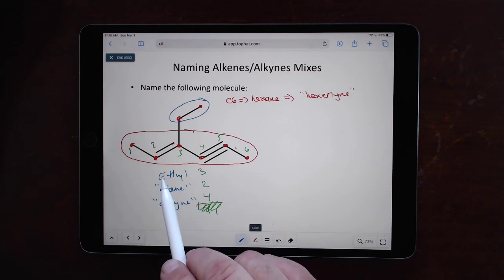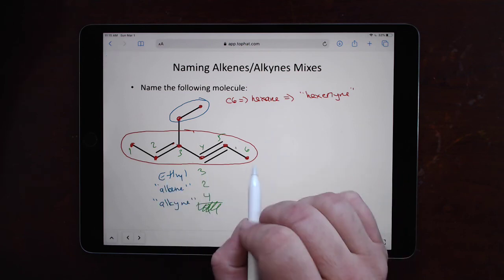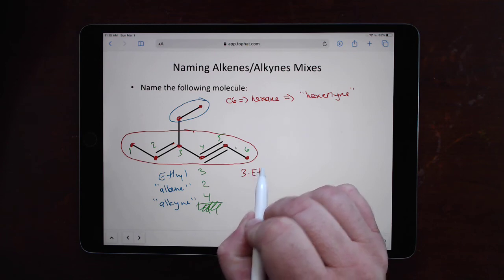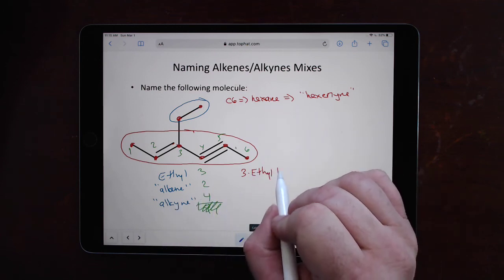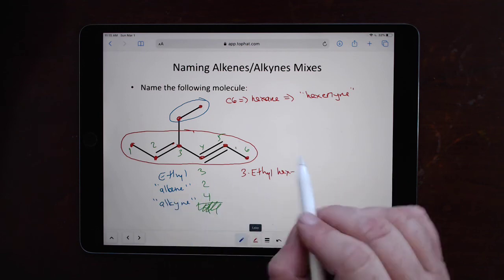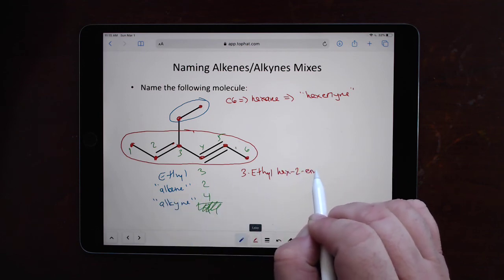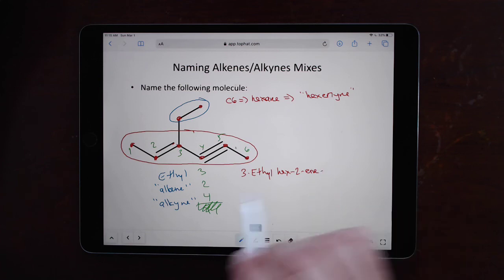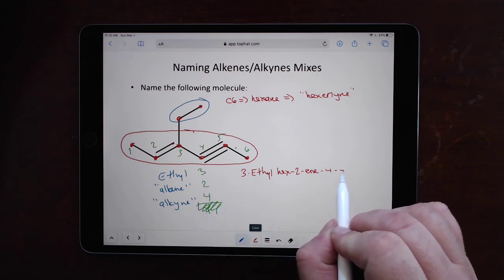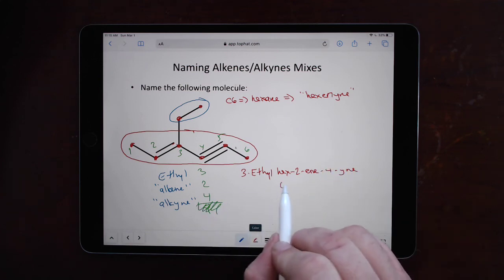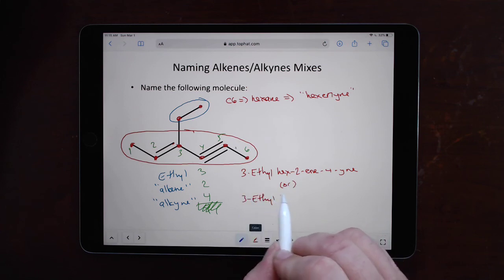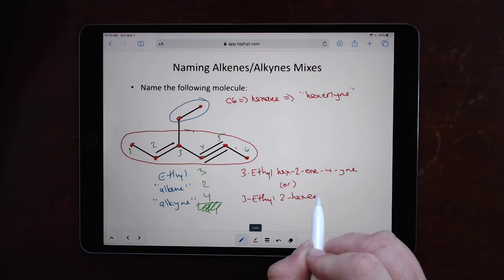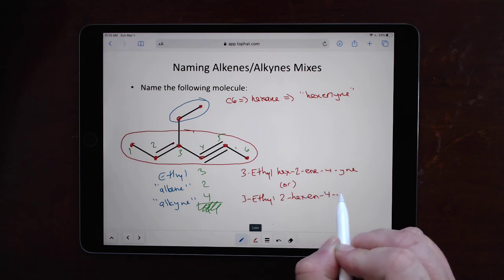Right. So the ethyl, so it becomes 3-ethyl, and then hex-2-en-4-yne, or you could put it as 3-ethyl-2-hexen-4-yne.